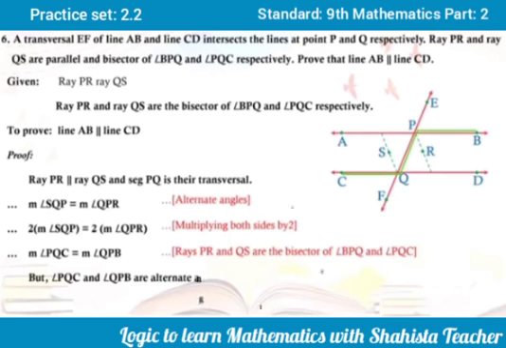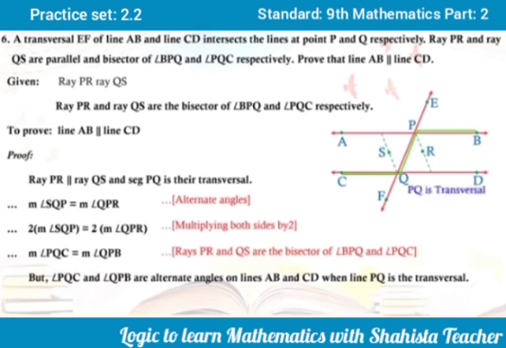But angle PQC and angle QPB are alternate angles of line AB and line CD, where line PQ is the transversal. You can see here this PQ is the transversal, where AB is parallel to CD. Okay, so here angle PQC and angle QPB are alternate angles of AB and CD, and line PQ is the transversal.